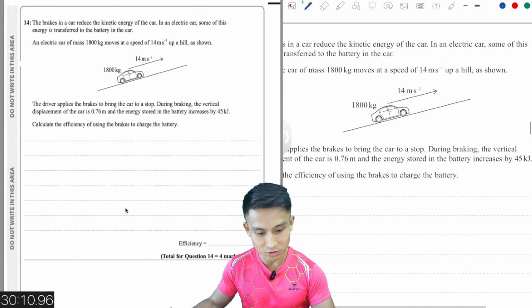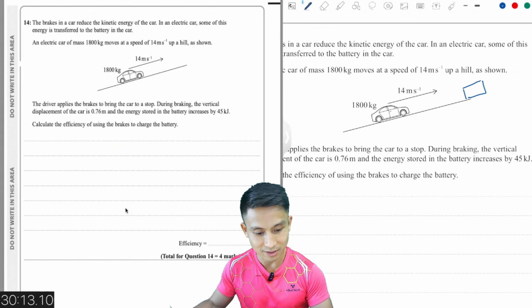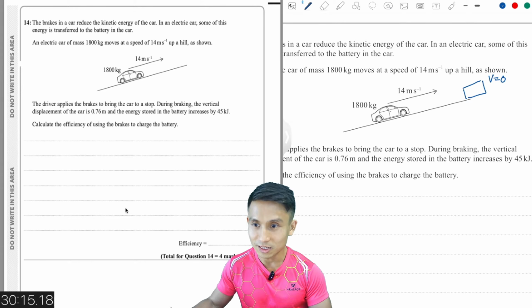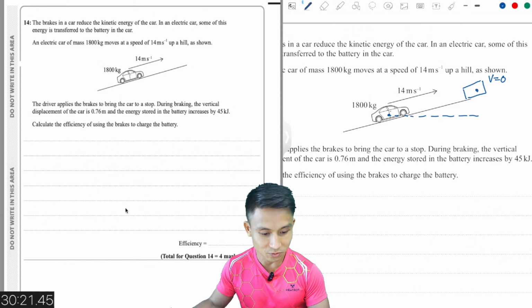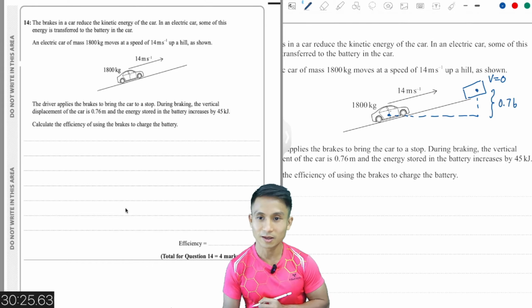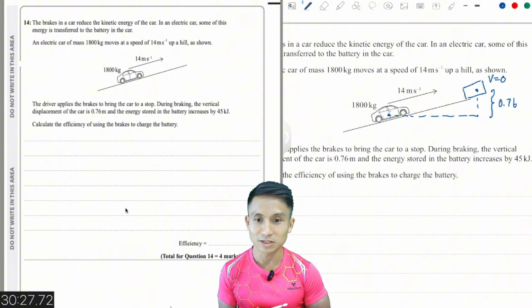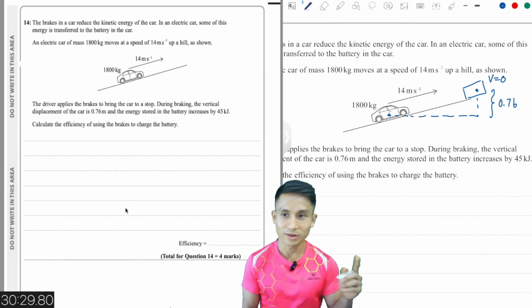So this is uphill. So let's say it stops here. So this is V equals 0. The vertical displacement: if we draw from the center of mass there to the center of mass here, this distance is 0.76. And the energy stored in the battery increases by that.